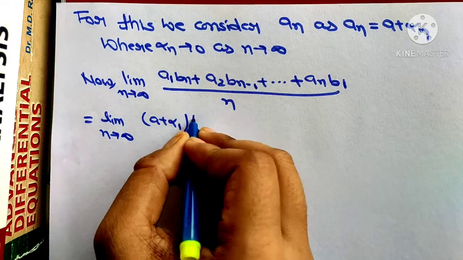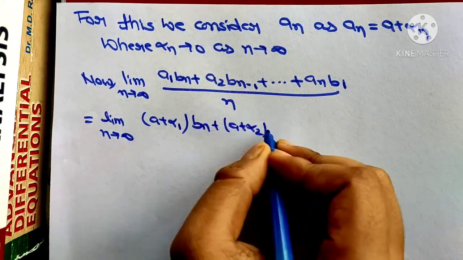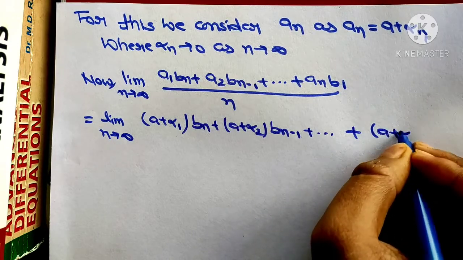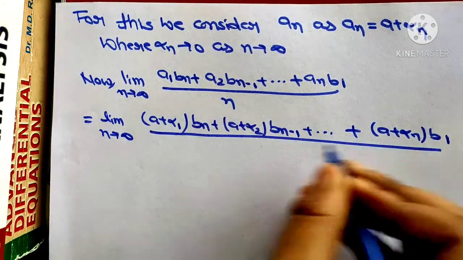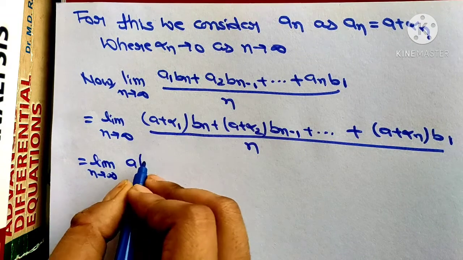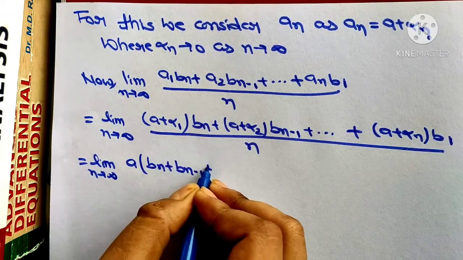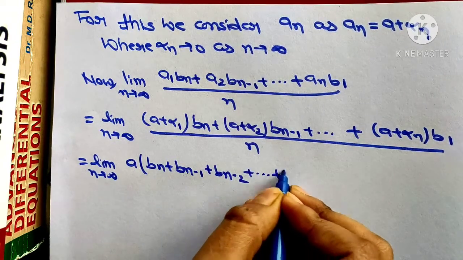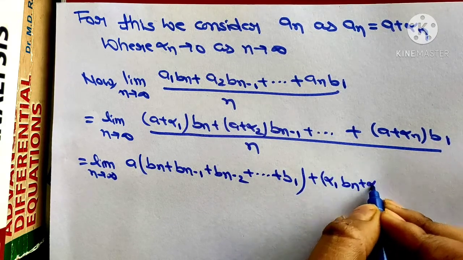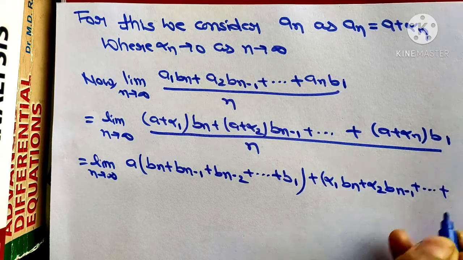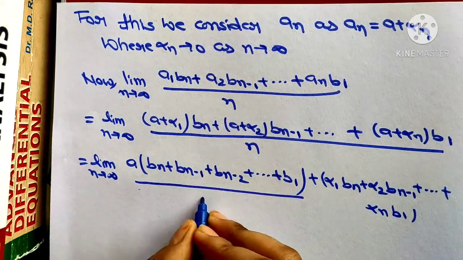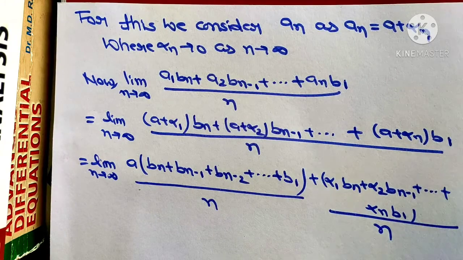Taking a common, this equals limit n tends to infinity of a(b1 + b2 + ... + bn) plus (alpha 1 bn + alpha 2 bn-1 + ... + alpha n b1), all upon n.